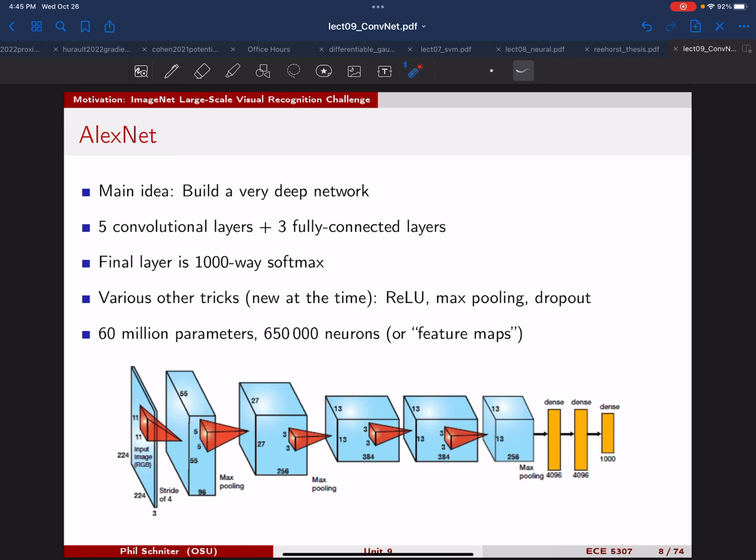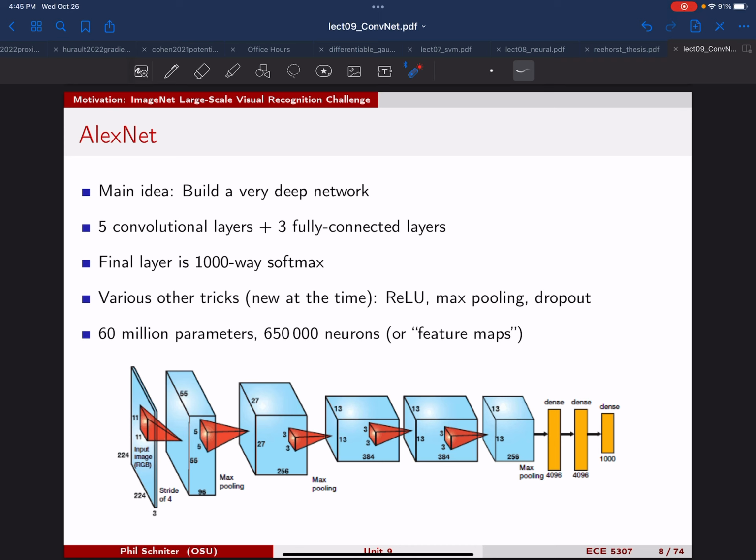The fully connected layers are exactly the linear layers that we saw in the last unit. Because this was proposed for a 1,000-way classification, the final layer is a 1,000-way softmax. And there were various other tricks that were new at the time, but now are very well known: ReLU, max pooling, dropout. We'll talk about all that stuff.